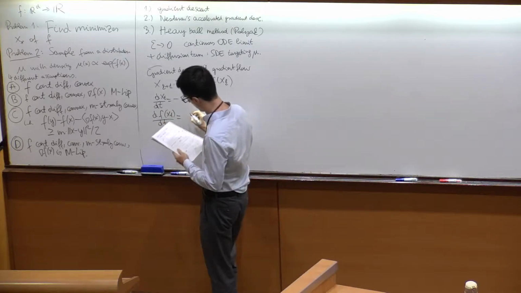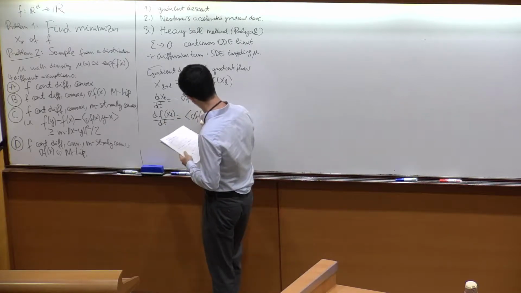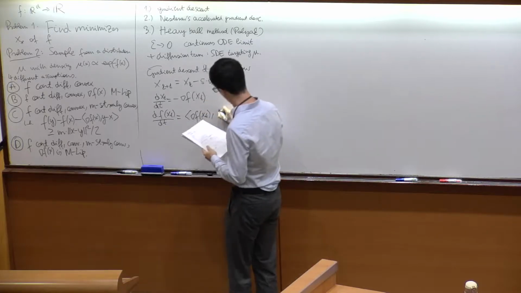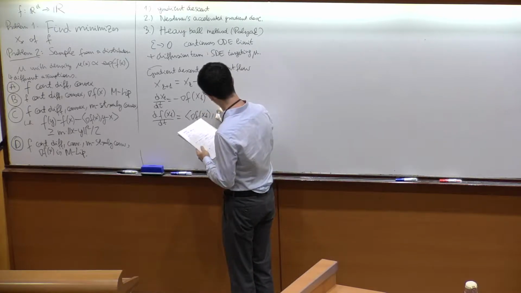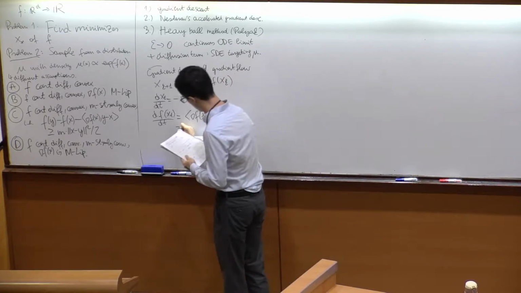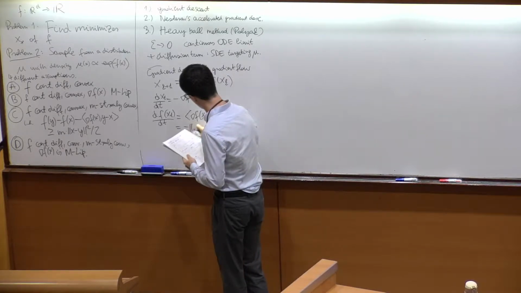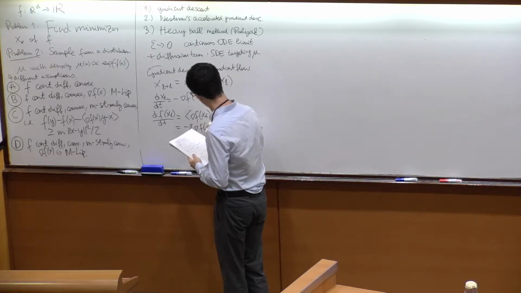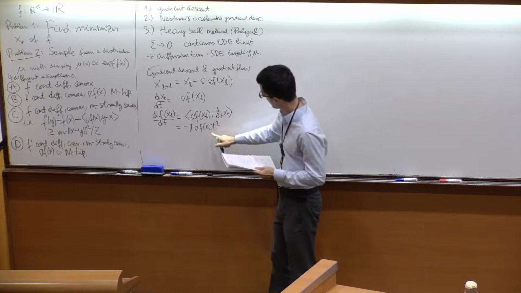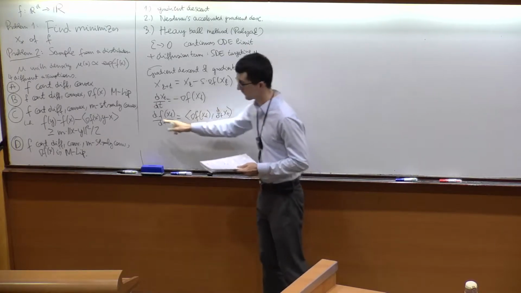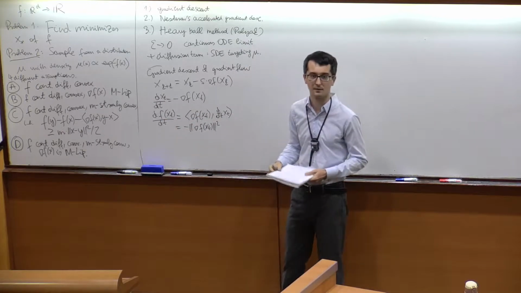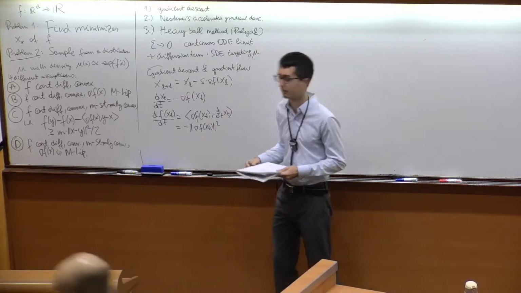So d over dt of f(x_t) is simply minus the square of the norm of the gradient of f(x_t). So this is a descent method in the sense that it always decreases the value of f.